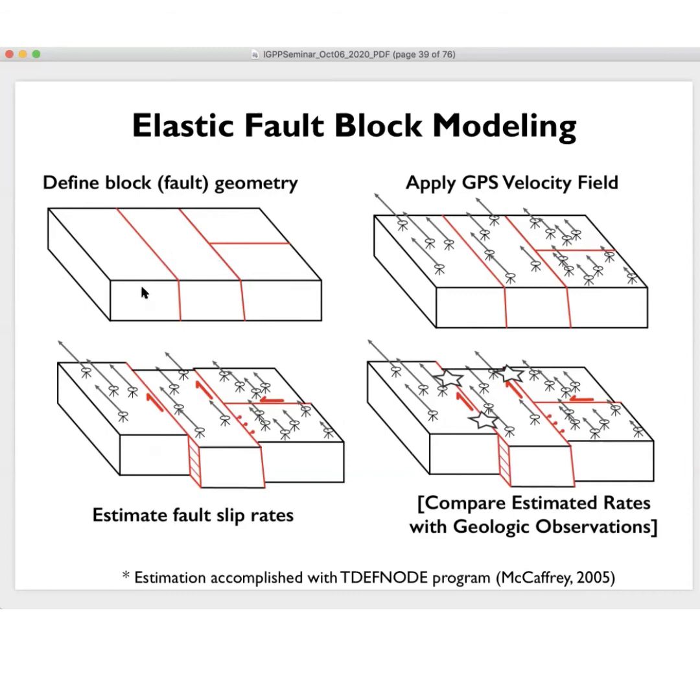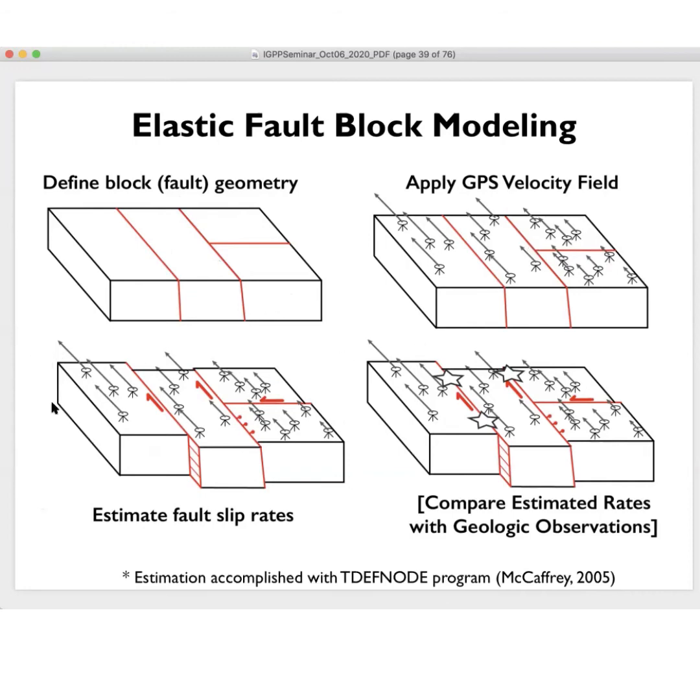And once you're happy with your geometry, we go to the next step and we apply our data field. In our case, we use our post-seismic reduced GPS velocity field, as well as our observed velocity field, to compare the effects of those two. And then we reach the actual modeling stage.